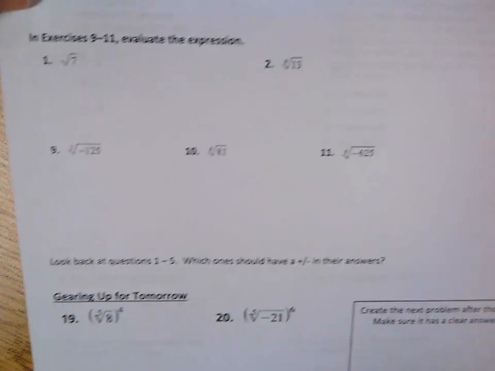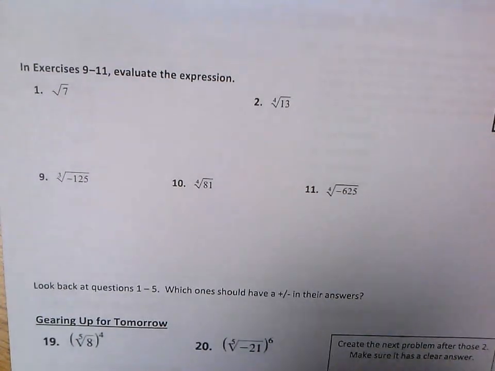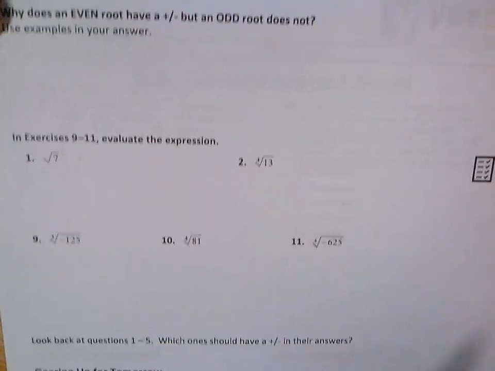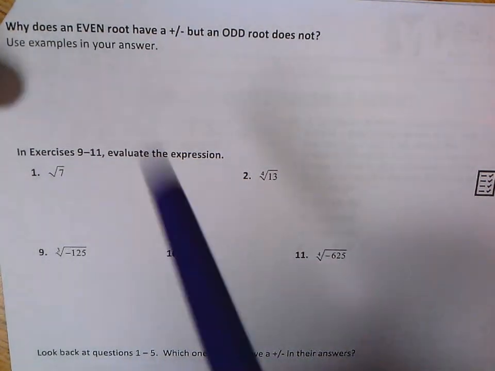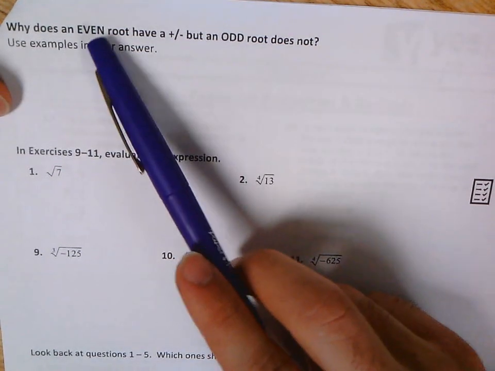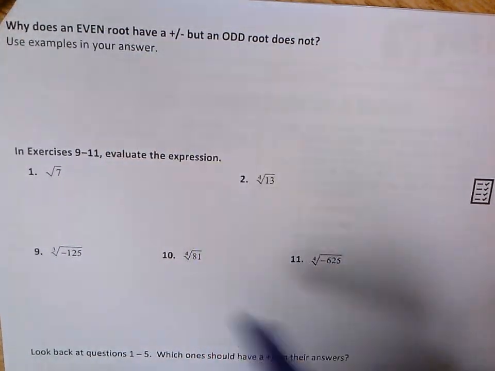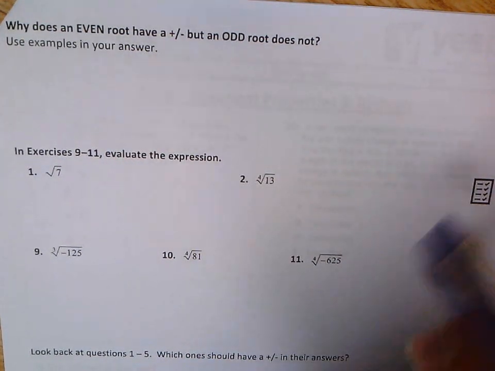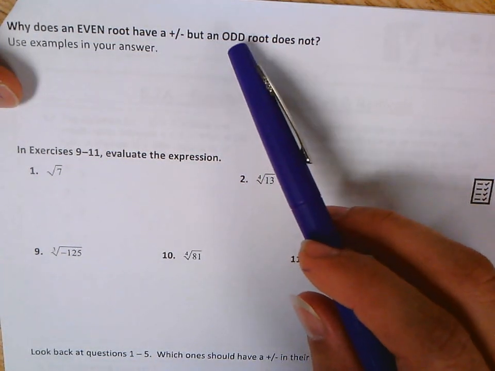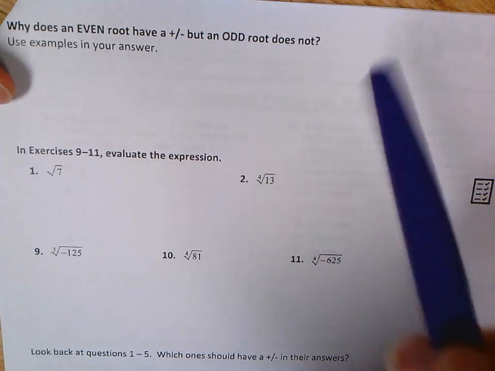There are a few other problems here. And I want you to think about this answer before I give it to you. Think about the answer to this question. It says, why does an even root have a plus or minus answer, but an odd root does not?